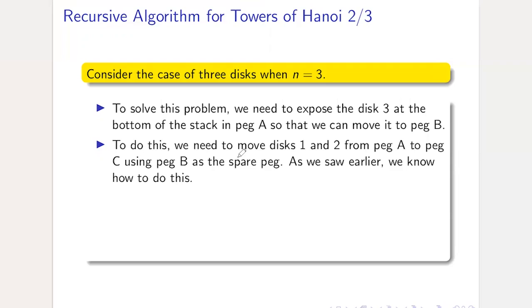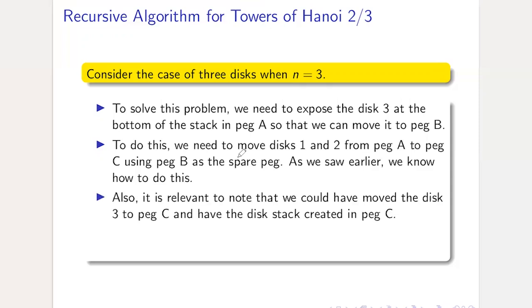So you can see now we have looked at how to map our problem into a smaller problem of shifting 2 disks, then moving the larger disk to the goal peg, and then solving the previous problem.